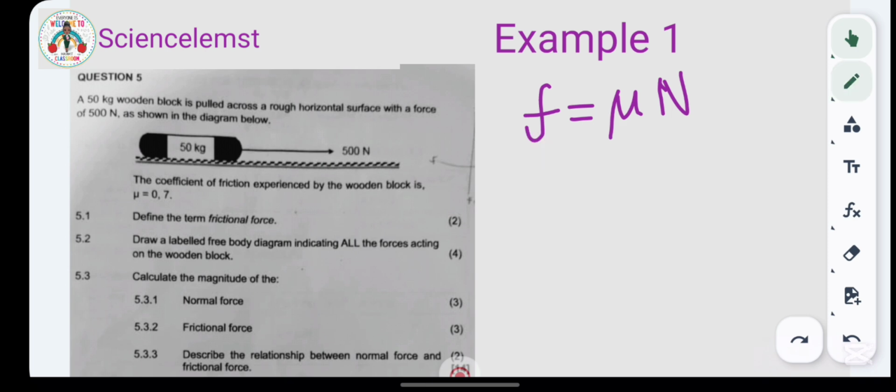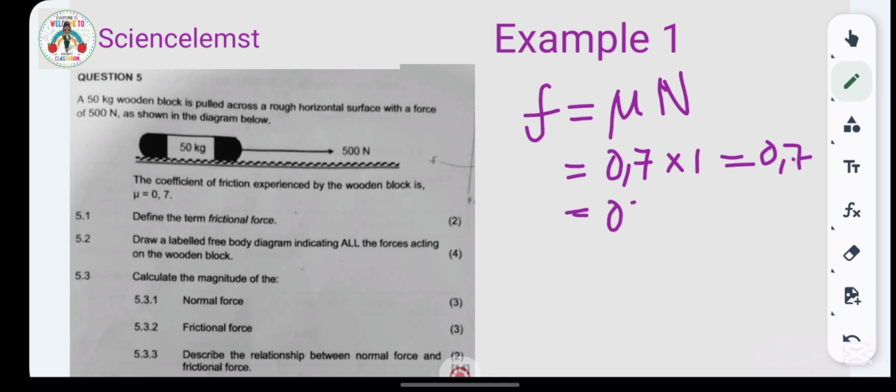Let's test it. μ is 0.7. If normal force was 1, it means the frictional force will be 0.7. Then, if I increase the normal force to 2, it means now my frictional force is 1.4. So as the normal force increases, the frictional force also increases.